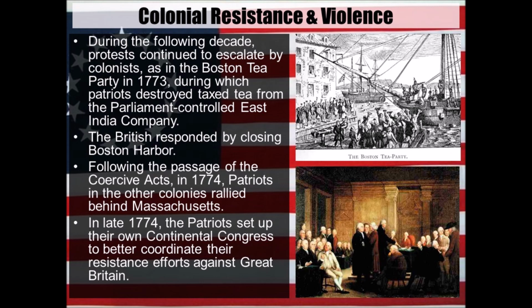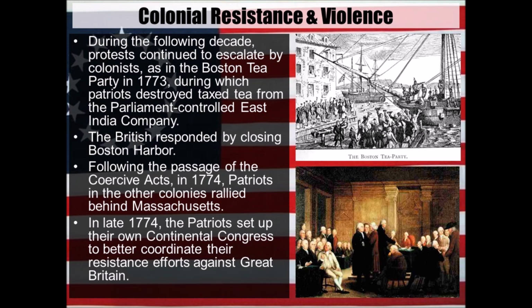And so they formed the Continental Congress primarily as a measure to try and maintain relations with Great Britain. However, it was also being used as a way of communicating their problems, their complaints.